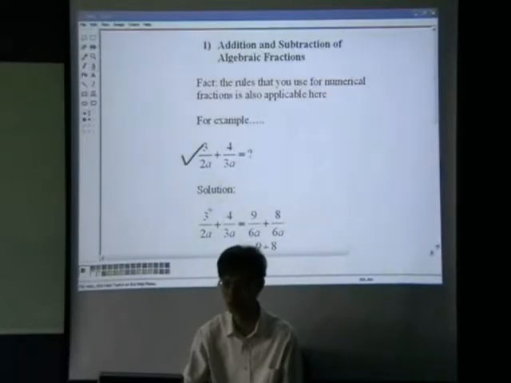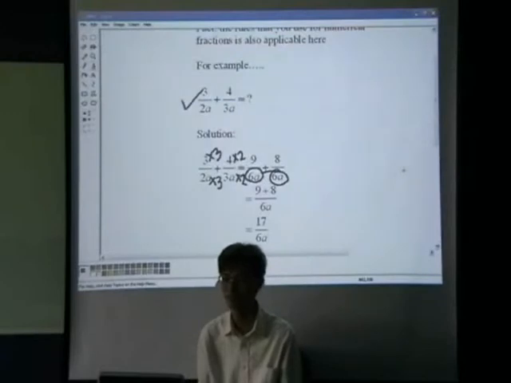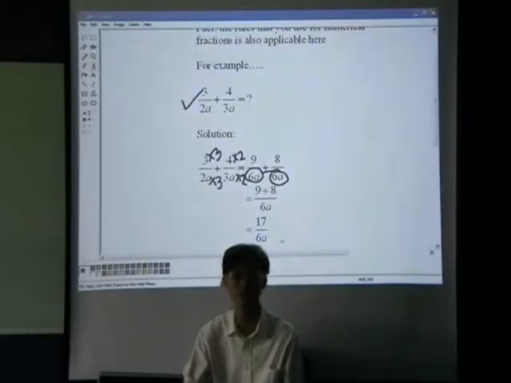We can do so by multiplying 3 to the numerator and denominator for the first term and multiplying 2 to the numerator and denominator of the second term. Therefore, we get a common denominator of 6a. After that, it will be just a simple addition of 9 plus 8 over 6a, and therefore it will give you the answer 17 over 6a.